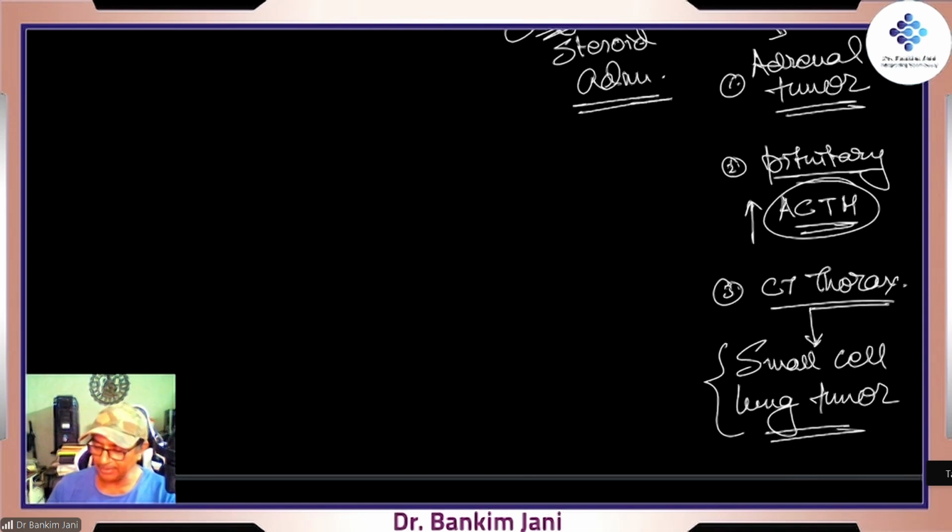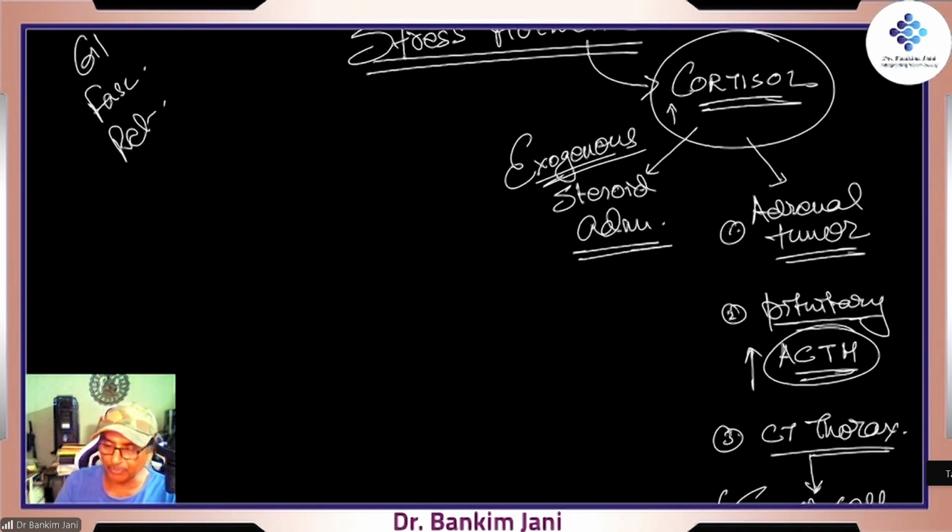So collectively, we came to the conclusion that cortisol can lead to increased blood pressure. If you suspect that, these are the areas from where it can lead to increased blood pressure.